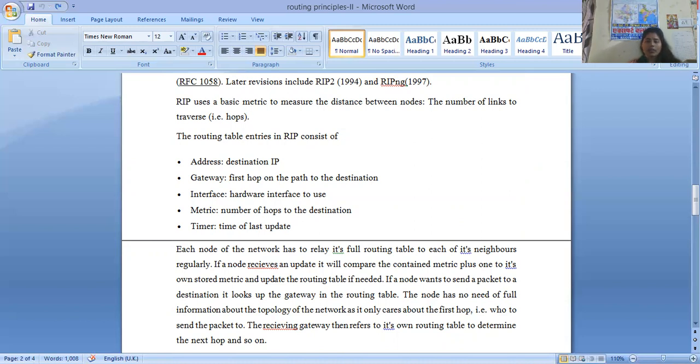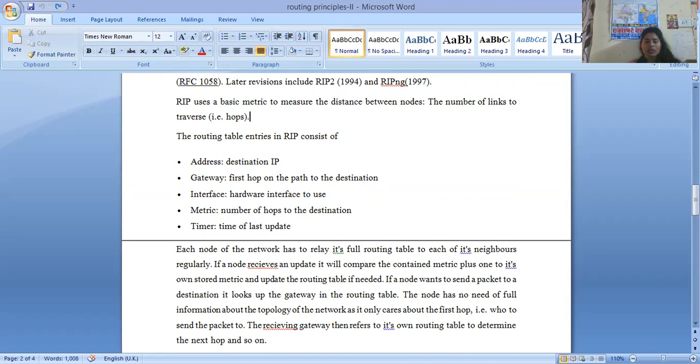Okay. And suppose a node wants to send packets to a destination, it looks up the gateway in the routing table. The node has no need of full information about the topology or the architecture in which the routing algorithm performs its work.